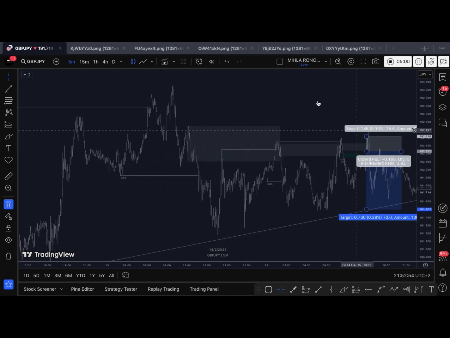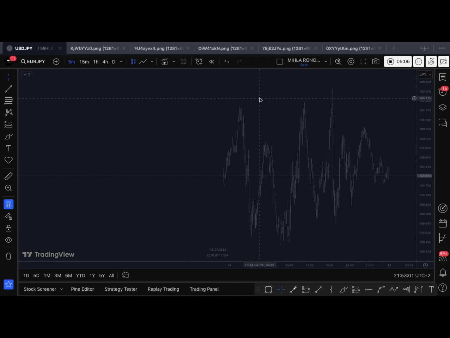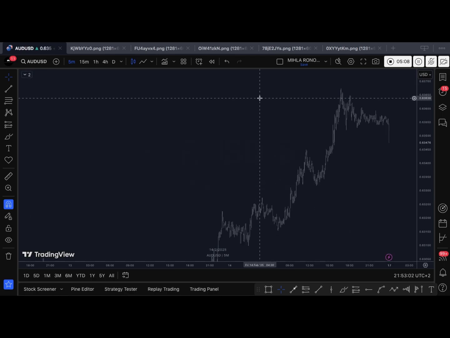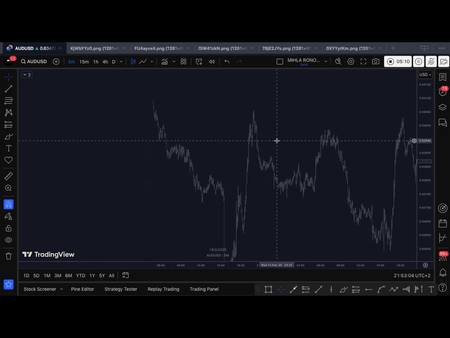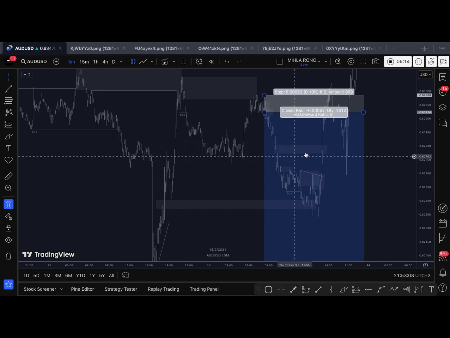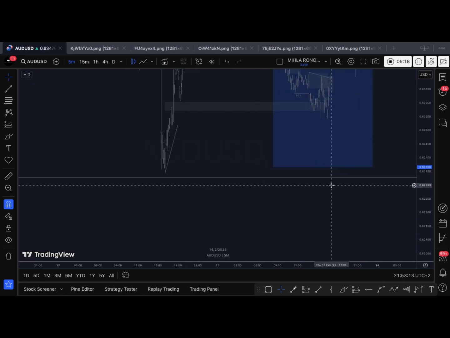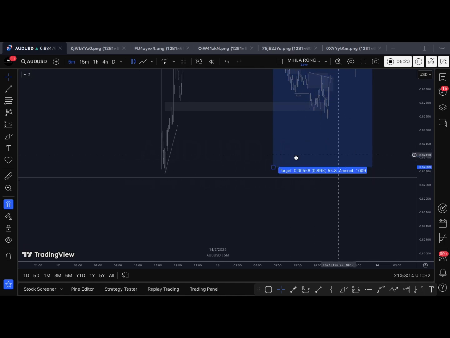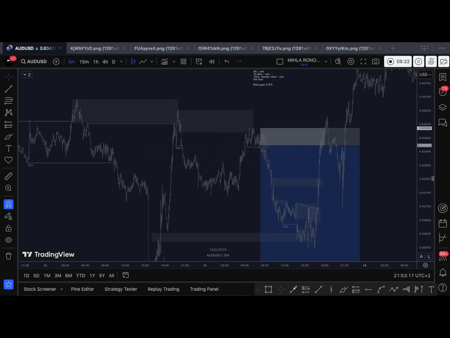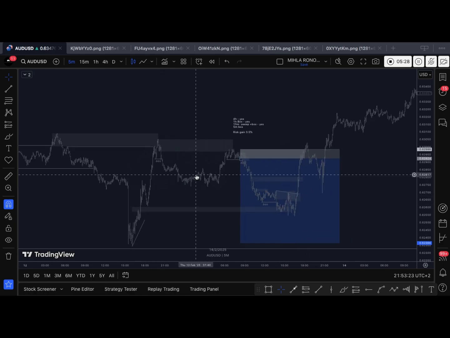And then I also had a trade on AUD USD, which also ran quite amazing. I was hoping to let this trade run all the way to this liquidity over here, but unfortunately for me, price reversed after tapping this fair value gap and sweeping these lows over here. So that was the setups I took this week.